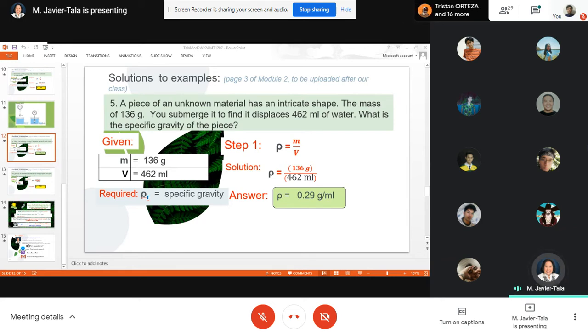So the volume of your object is 462 milliliters. You are required to solve for the specific gravity. So for the first step, we will solve for the density, which is your mass divided by volume. So it is 136 grams divided by 462 milliliters.